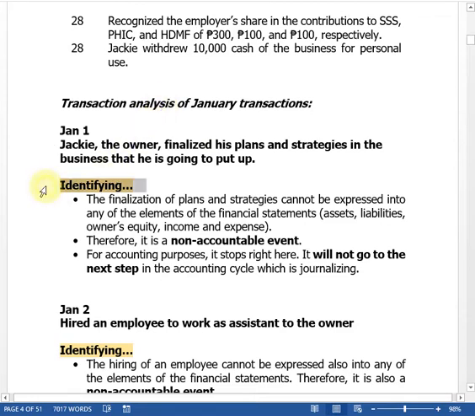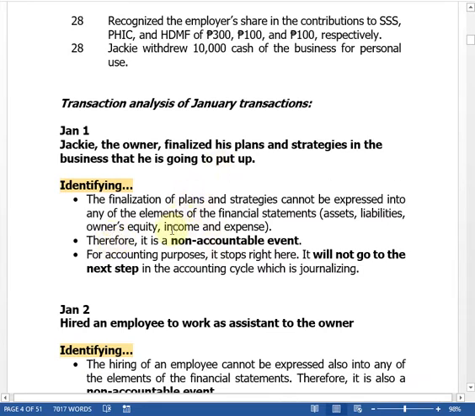So we have here the identifying stage. Based on this transaction, the finalization of the plans and strategies cannot be expressed into any of the elements of the financial statements. The elements, as we know, are the assets, liabilities, owner's equity, income, and expense.